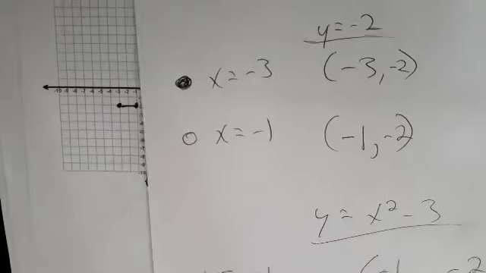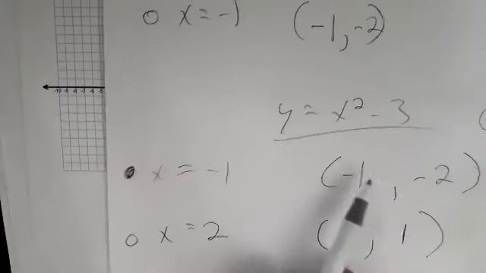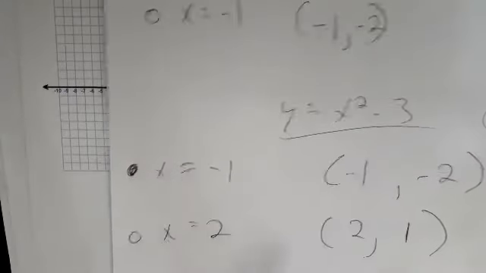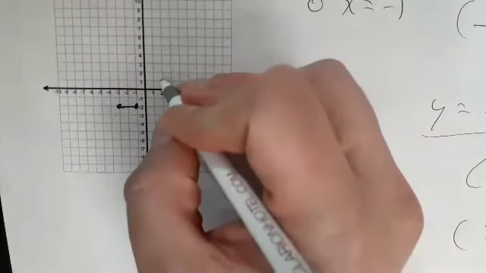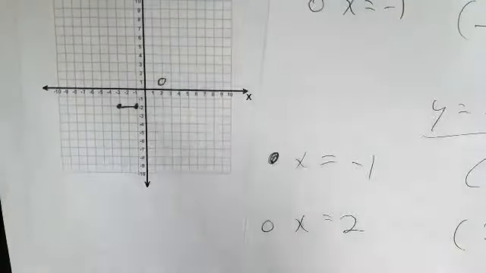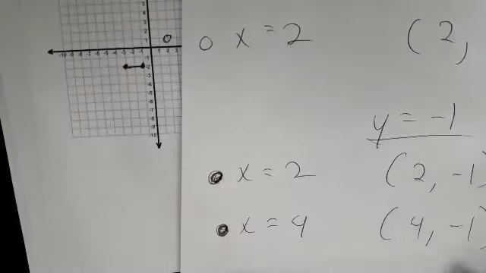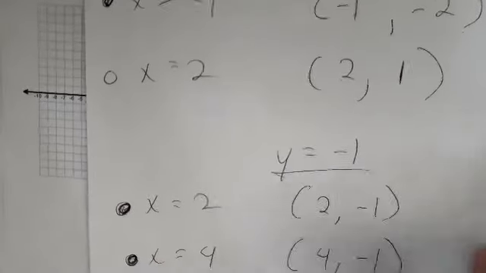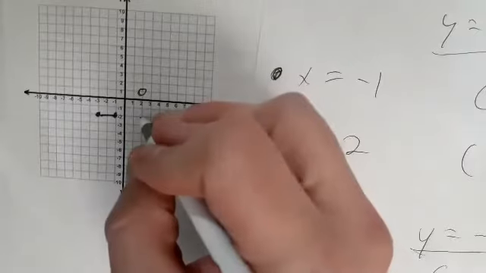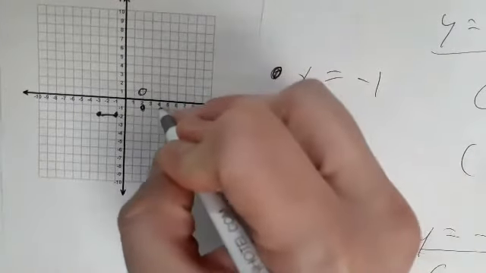But I'm going from -3, -2 to -1, -2. It should be open. And then this one tells me to make -1, -2 solid. It tells me to make 2, 1 open. And then I also have a 2, -1 and a 4, -1 that I'm starting with. 2, -1 solid. 4, -1.